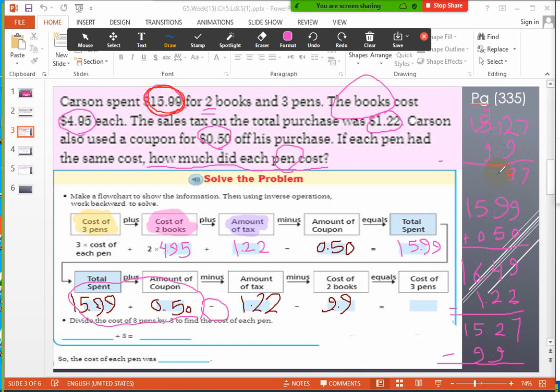Then I will take the decimal point down. 4 minus 9, I can't. Of course, I have to borrow from the 1, it will be 0. And this one will be 14. 14 minus 9 equals 5. So this is the number here.